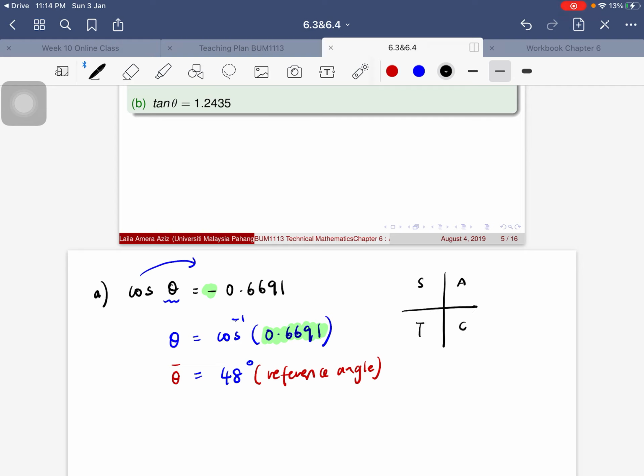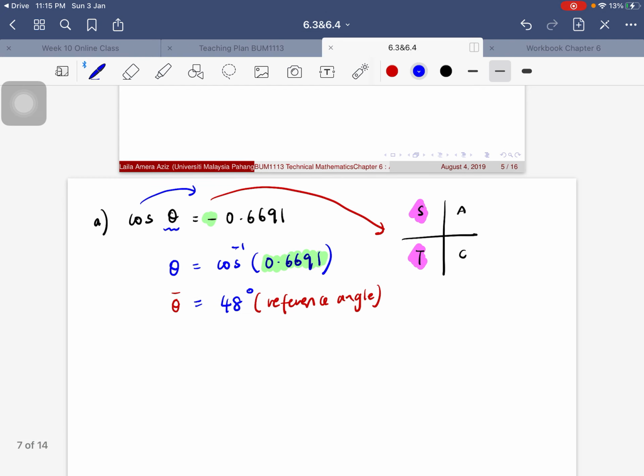First of all, we figured out already that when you take cos of the theta angle, it gives you a negative value. So where are the quadrants for which cos is negative? It's the second quadrant and also the third quadrant. In these two quadrants the cosine function is negative. So these two quadrants are where our theta is positioned.